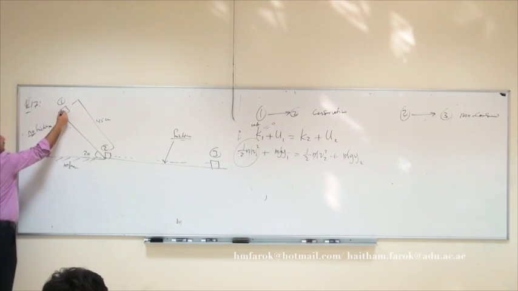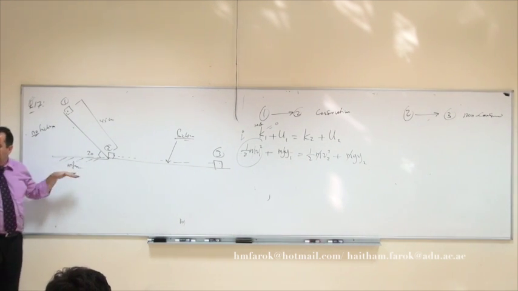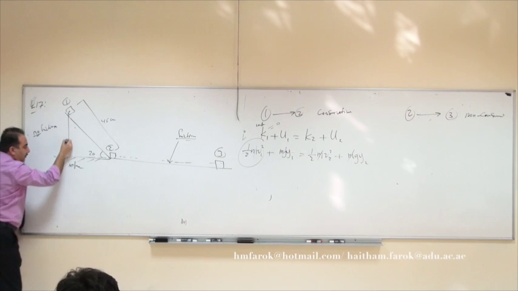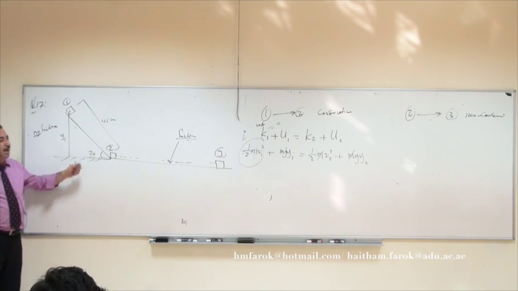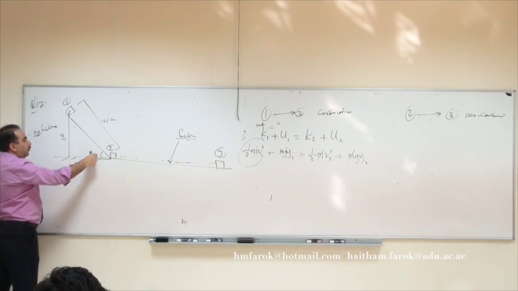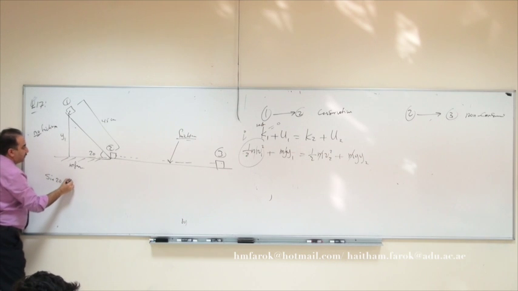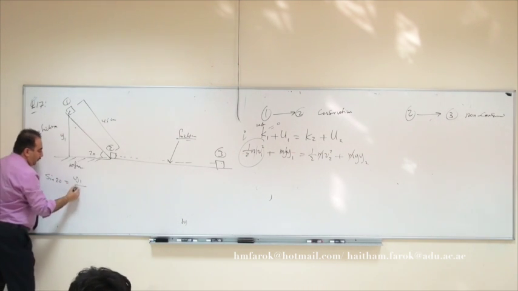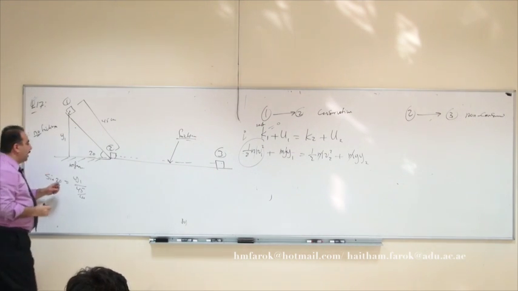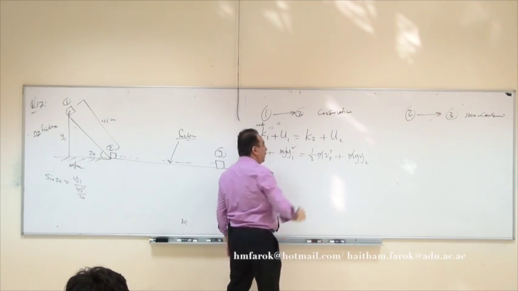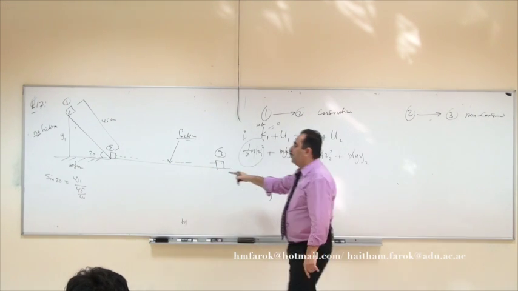Where is y1? This is point 1. y is the vertical distance from the point to the reference level, so it's this. This is y1. Is it known or do you have to calculate it? You have a triangle, 20 degrees, 45, y1, so you use sine. Sine 20 is y1 over 45, but change it to meters. So now you know y1. When it reaches this point, do you know the speed?